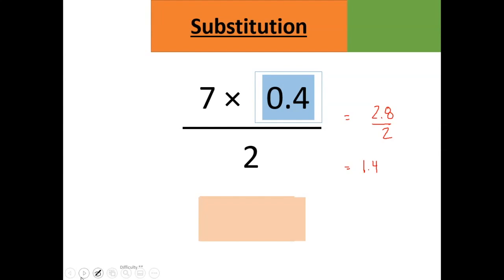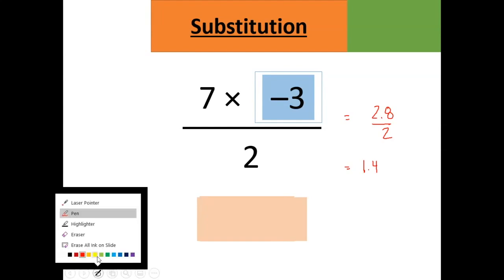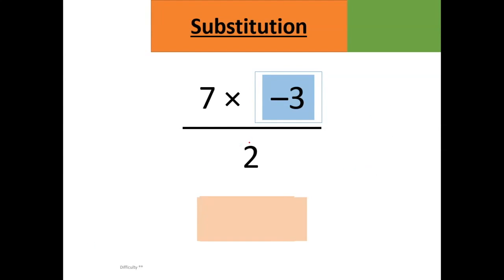Yeah, that's the biggest problem with these questions, and that's why I always bring up these types of questions, because the biggest thing is knowing to follow BEDMAS and to punch things into your calculator correctly. Okay, so 7 times -3. Let's try that one. 7 times -3 divided by 2.